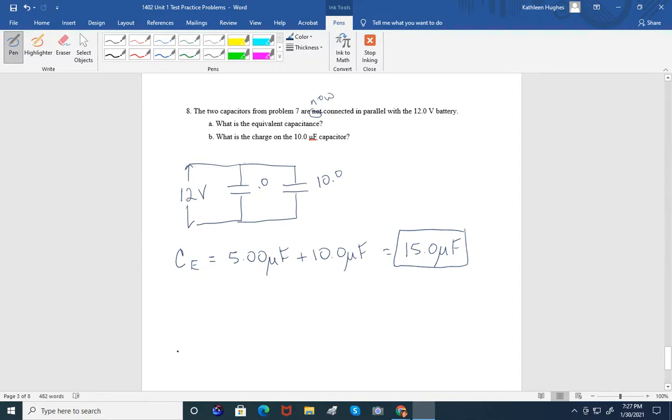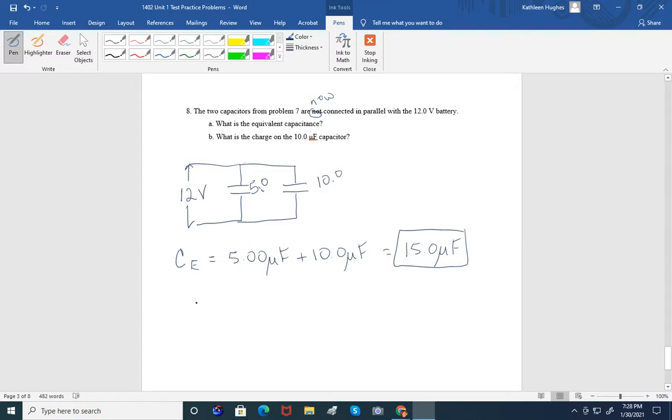What is the charge on the 10 microfarad capacitor? Well, the important thing to know about the 10 microfarad capacitor, well, that's supposed to say 5, it didn't copy very good, is that the potential is 12 volts. When you're in parallel, they all have the same voltage or the same potential.